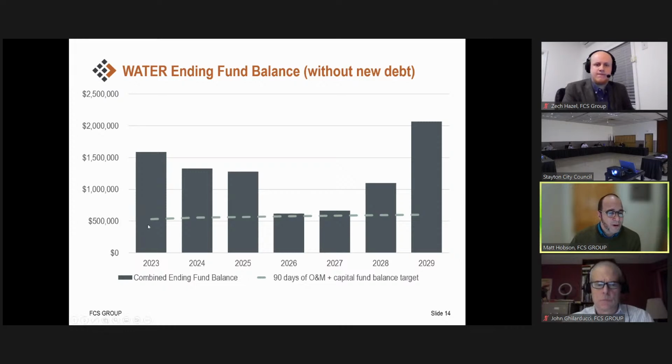The columns represent our projected fund balances each year, and the dotted gray line that runs horizontally across the graph is the minimum target based on those financial policies that the utilities need to hit. So under that 9.75% per year increase that we showed in the previous slide, that scheduled revenue increases would keep our reserves above those minimum targets over the life of the forecast.